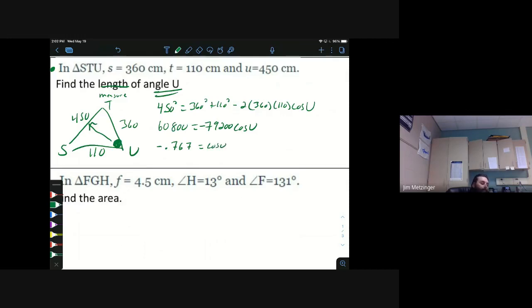Then to get U, you have to do inverse cosine. So inverse cosine of that, I got 140.146.